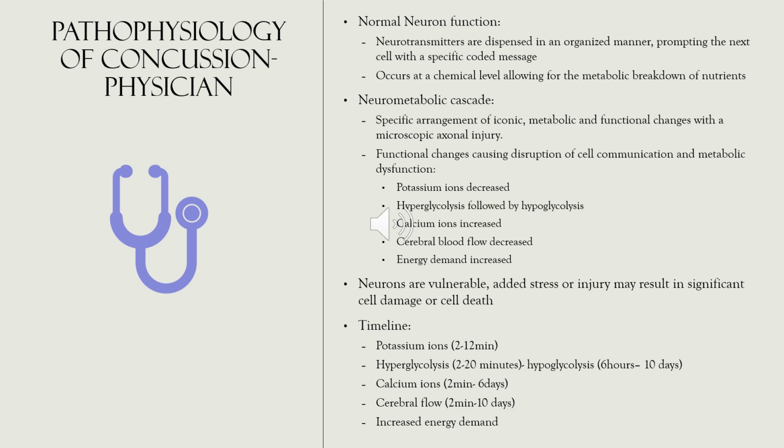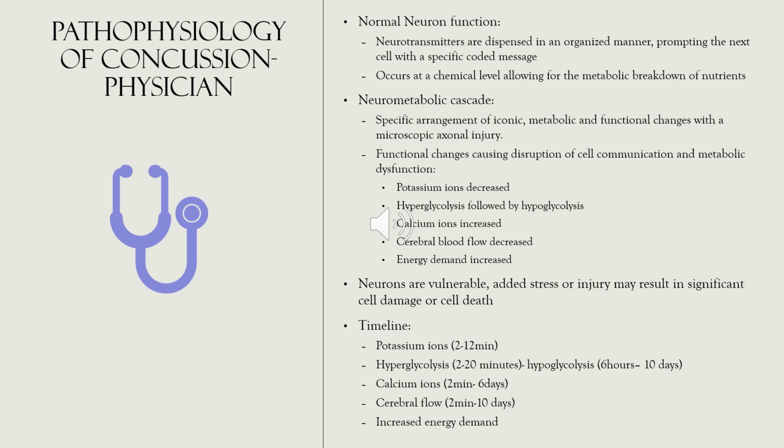An influx and discrepancy of these contents within the neuron causes an immense release of neurotransmitters, which disrupts cell communication and a metabolic dysfunction, leading to an energy crisis. In this condition, neurons are extremely vulnerable, and any added stress or injury may result in significant cell damage or cell death. Neurons may take several days to return to normal.